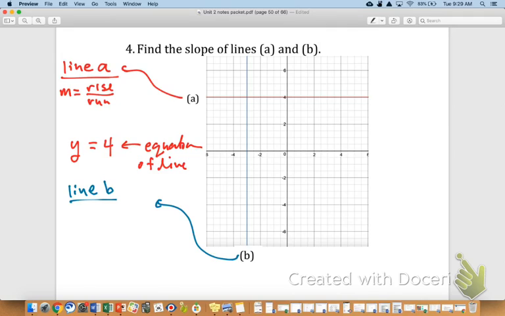If I picked any 2 points on the line, maybe that point right there or that point right there, really any 2 points on that red line, what would be the rise between those 2 points? There would be no rise, it would be 0 rise. So I would say here that m equals 0 over, what's my run between those 2 points? The run would be that distance right there.